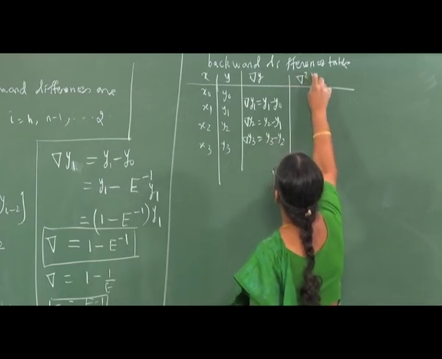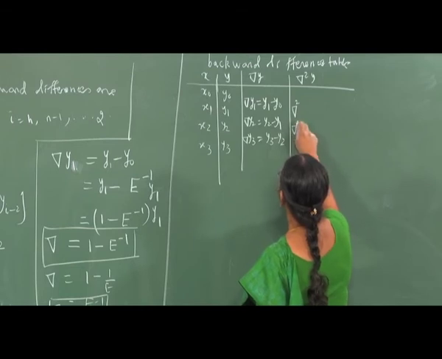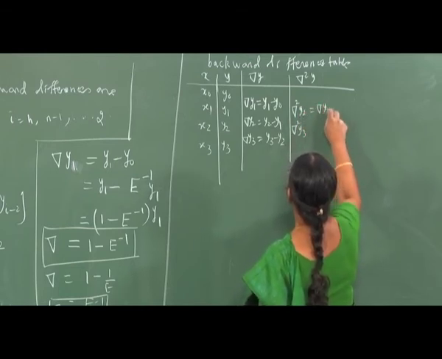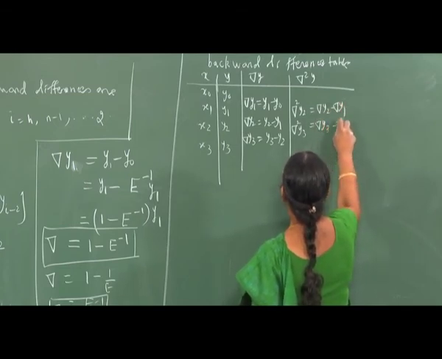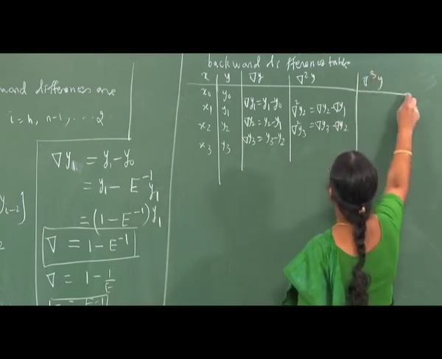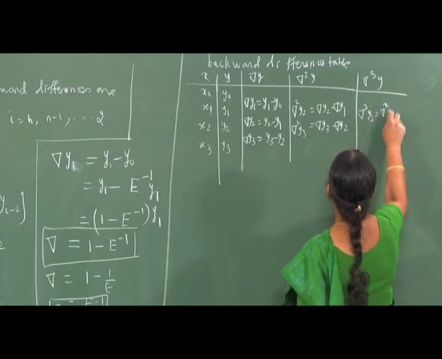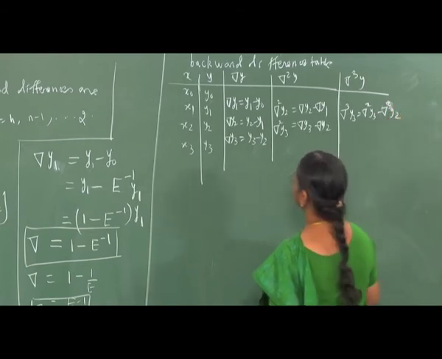I form the second order differences. So, it is del square y2, which is delta y2 minus delta y1, and del square y3, which is delta y3 minus delta y2, and the third order difference will be del cubed y3, which is del square y3 minus del square y2.